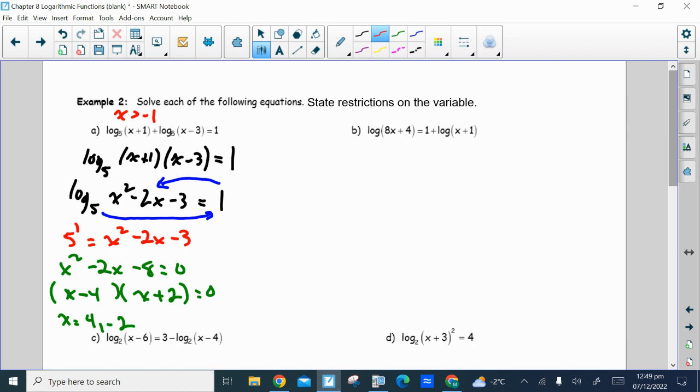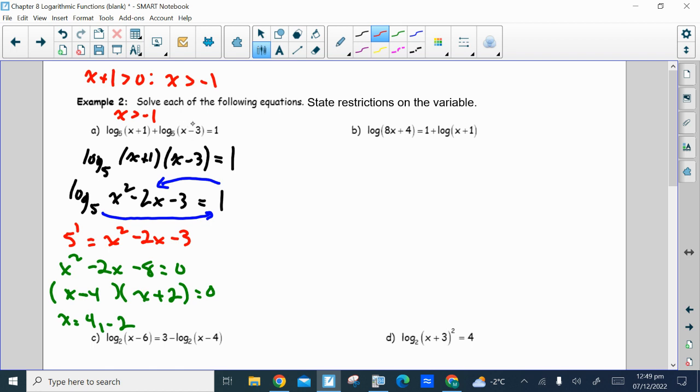So, you can get that algebraically by saying originally that x plus 1 has to be greater than 0. And then if you subtract the 1 from both sides, that's where that x must be greater than -1 really comes from. The argument has to be greater than 0, then just solve for x.